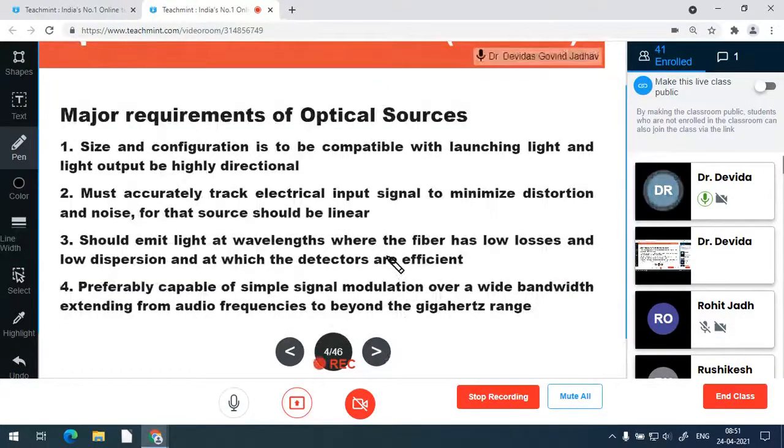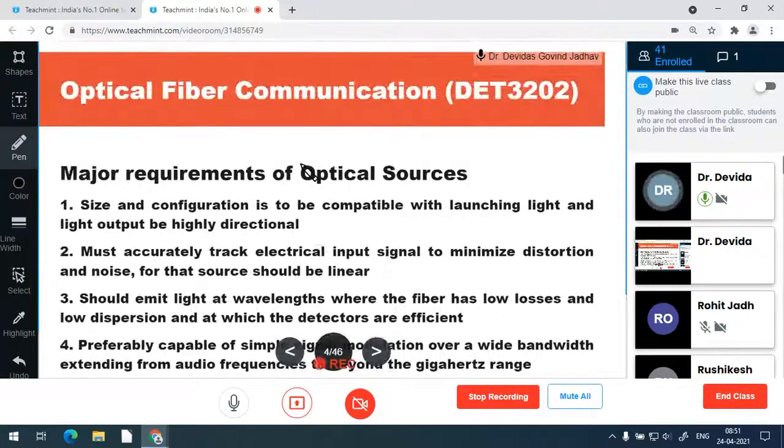So this shows the major requirements of optical sources. How should the optical source be in optical fiber communication? The optical source should have a size and configuration compatible with the optical fiber communication system.